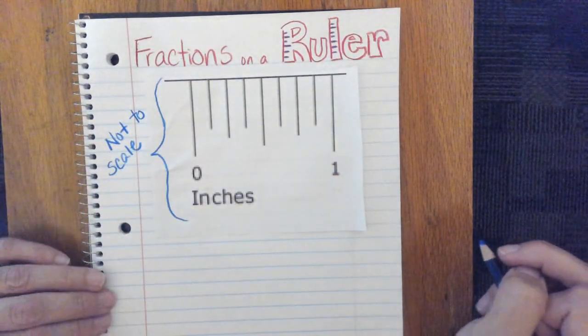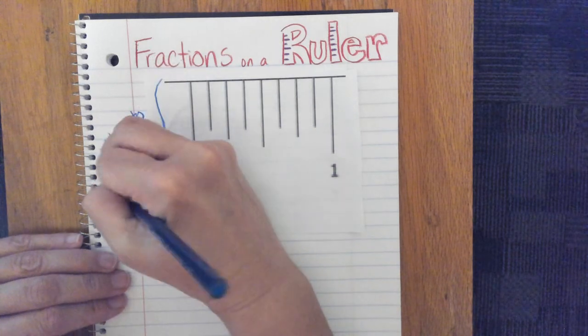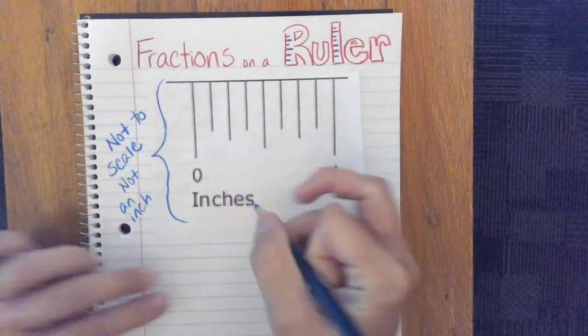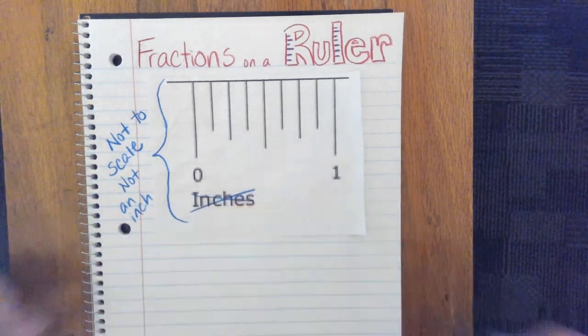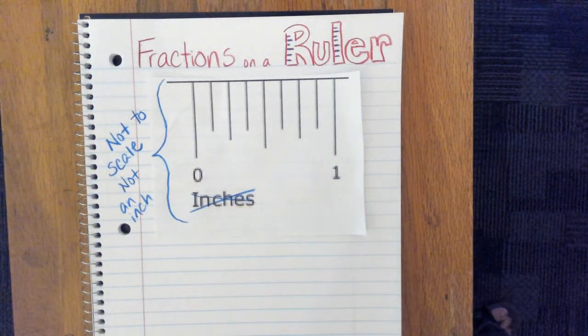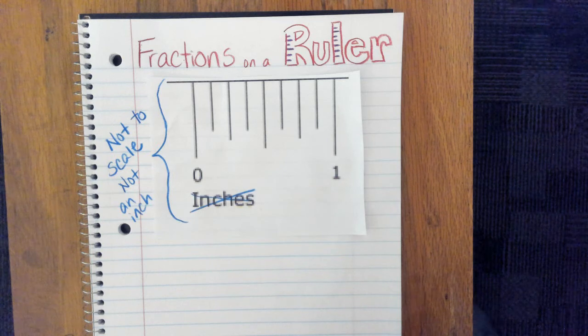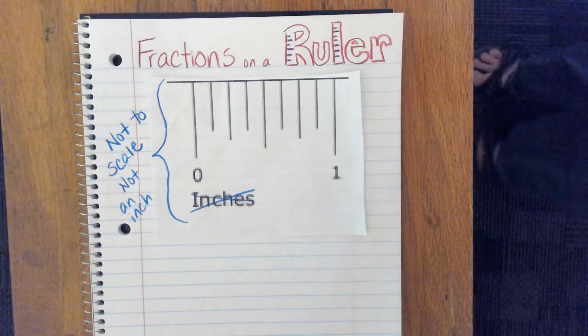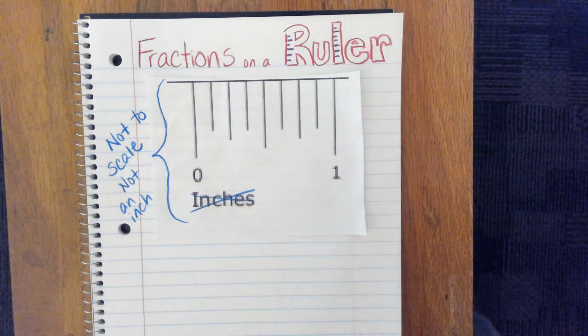Scale means size, not to scale, not an inch. So I made it big because I think it'll be easier for you to process what we're doing if you see it big, but that's not an inch, okay?